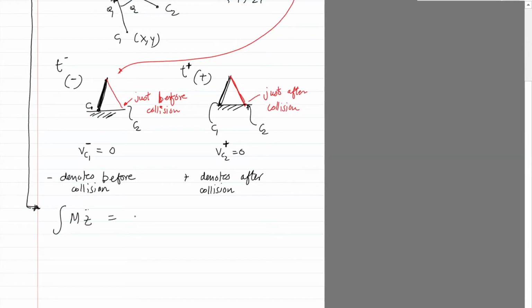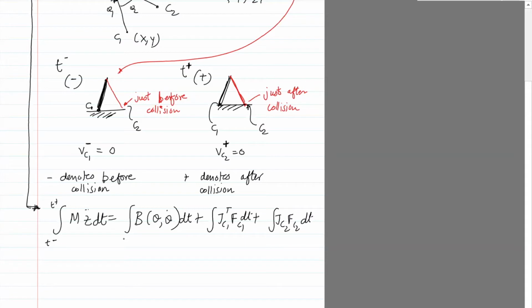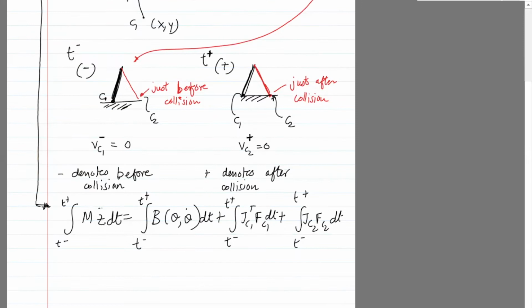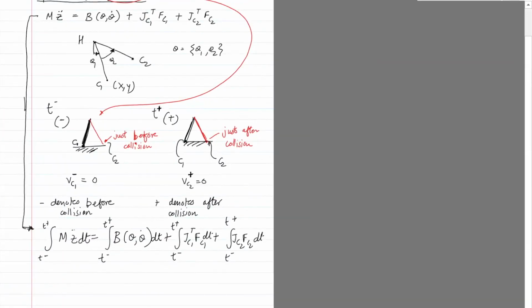M z double dot equals b of theta, theta dot, plus J C1 transpose F C1 plus J C2 transpose F C2, and I should put dt's everywhere. So t minus to t plus for each term. Okay, it's the same equation, just that I integrated it. You can see it here.